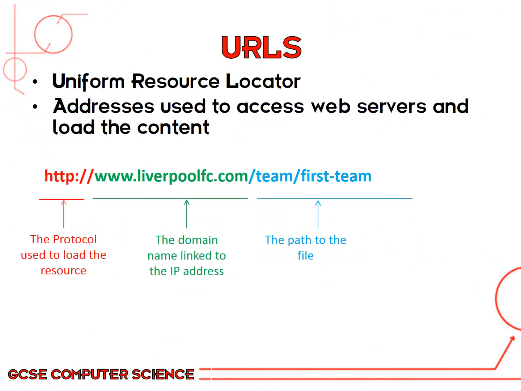So the internet has many web pages on the World Wide Web, and each one of these web pages needs its own location, its own address. These addresses are called URLs. It stands for Uniform Resource Locator. If you think about the word uniform, the most common occurrence that you'd have seen of this word is probably in a school.